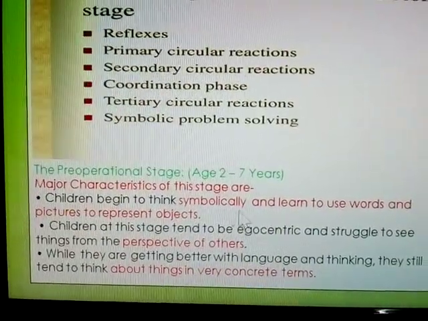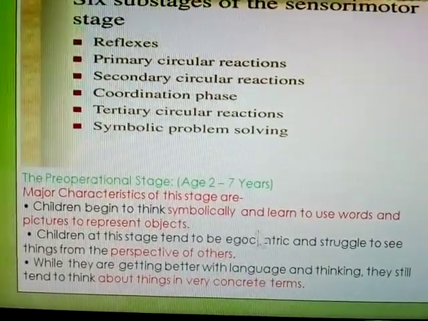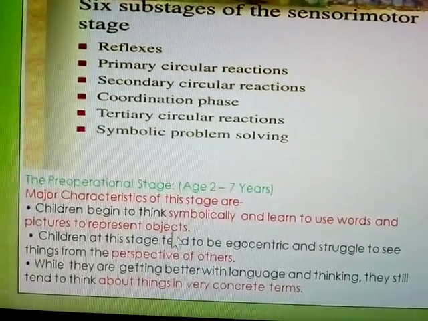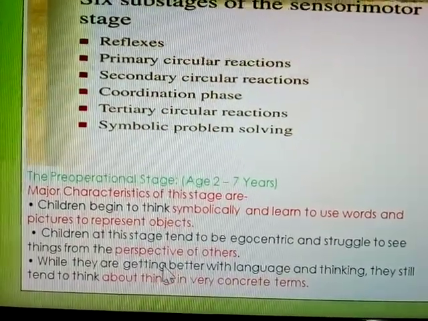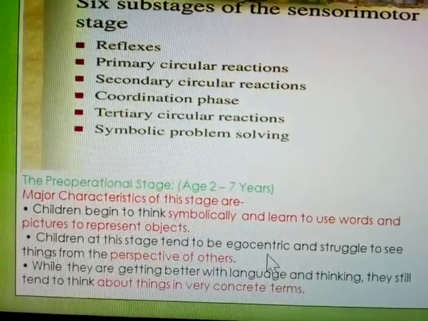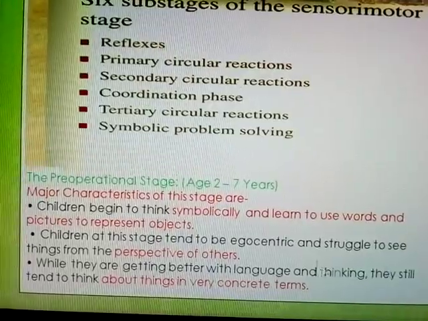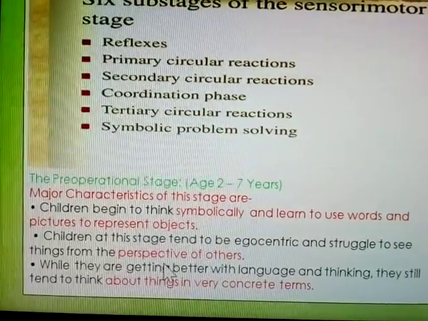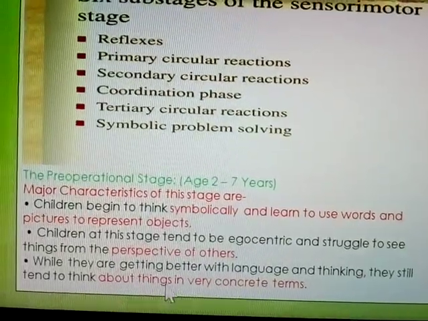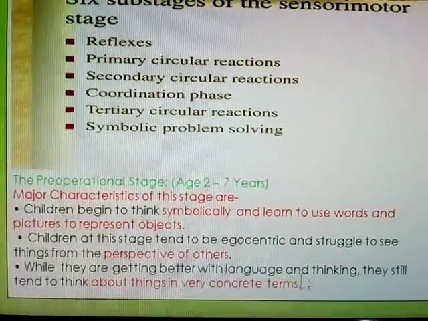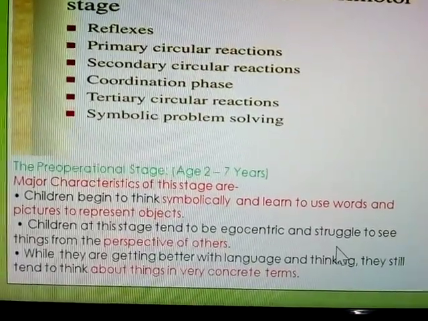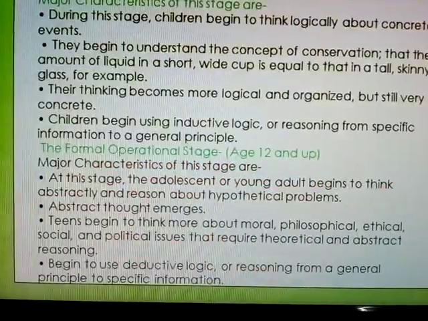The major characteristics of the stage: symbolic thinking, and learning to use words and pictures to represent objects. Children in this stage tend to be egocentric and struggle to see things from the perspective of others. They think about things in very concrete terms.